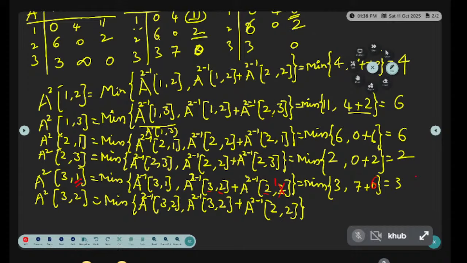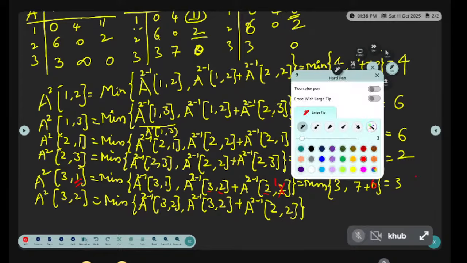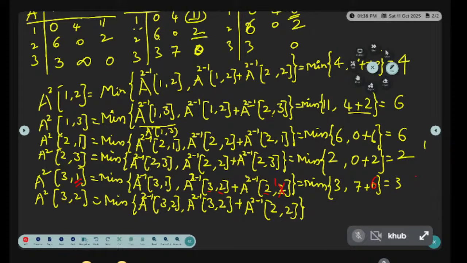Make a correction in the previous one, a power 1 of 3 comma 1. So j value here is not 2, it is 1. You should tell me, you should update and tell here. Then this is equal to, how much here, 7 comma 7 plus 0. This is 7.